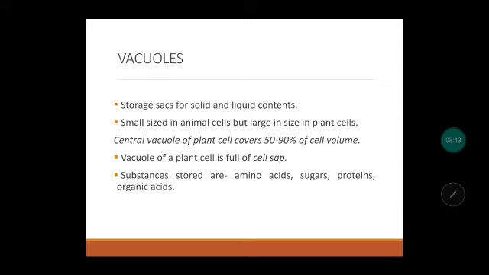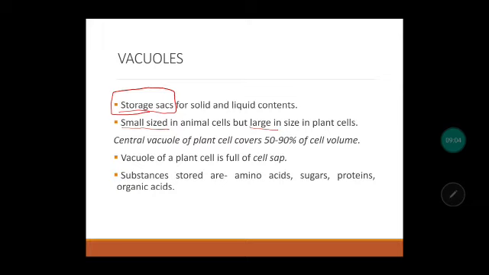The last cell organelle which we will discuss is vacuoles. Now vacuoles are nothing but storage sacs. These are the storage sacs which are present in both plant and animal cells. Only the size varies. In animal cells it is small in size, but in plant cells it is large in size, and the number also varies.